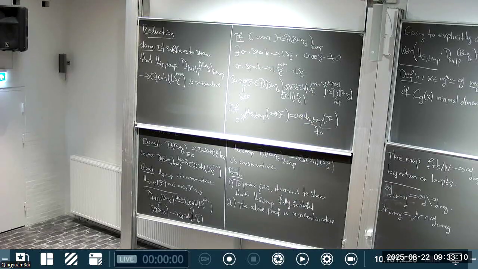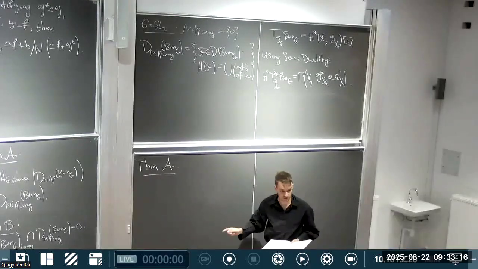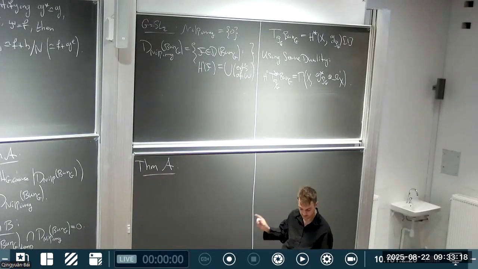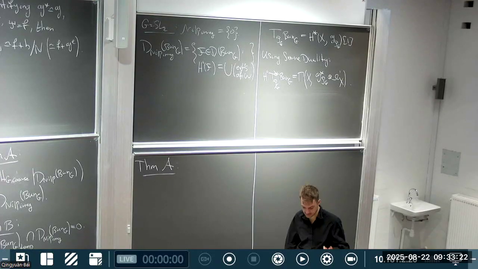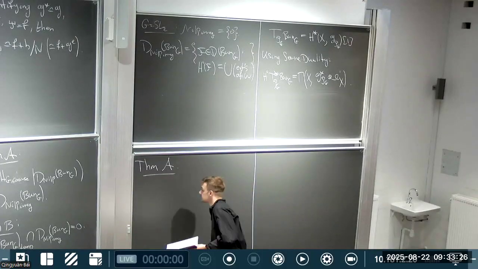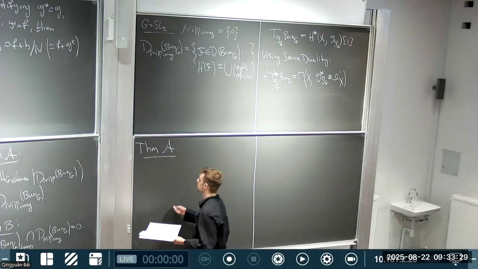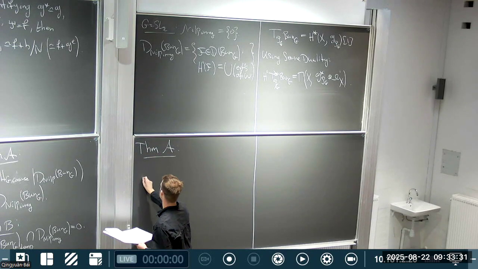So let's do theorem A. I won't really talk about theorem B, but mostly about theorem A, because that's where most of the content is. So everything stems from considering the functor coeff zero.